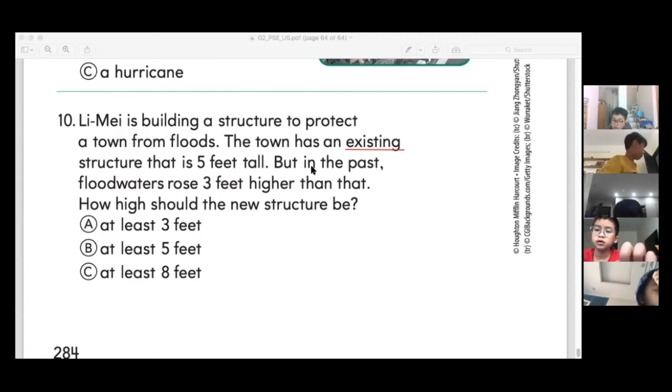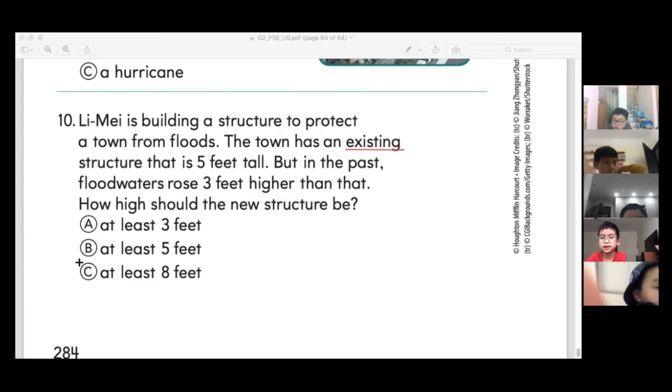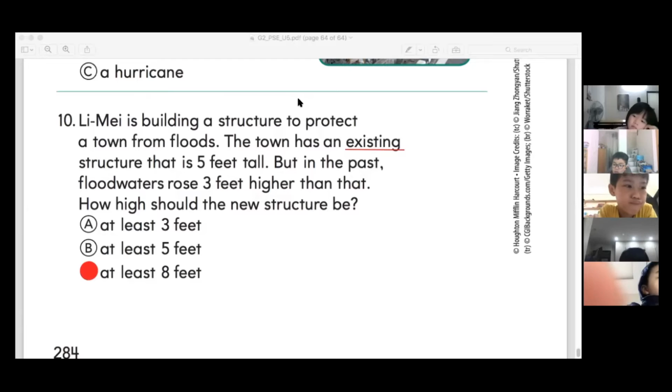But in the past, flood waters rose 3 feet higher than that. How tall should the new structure be? Blue Moon. Letter C. Good. Letter C, at least 8 feet. Right? Because the existing structure was 5 feet and the waves could go 3 feet higher than that.